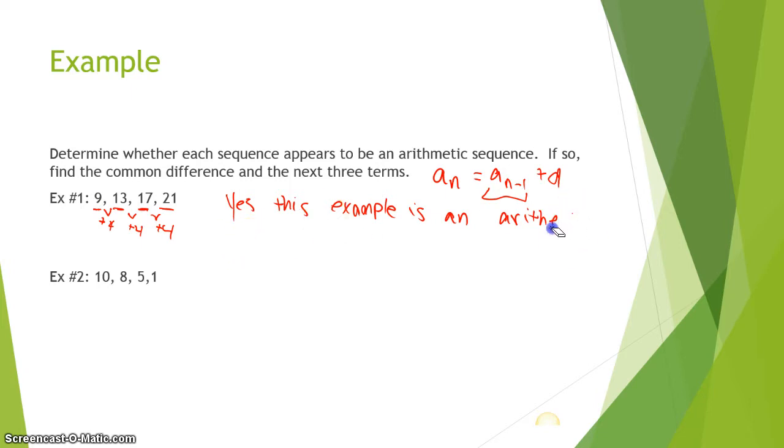Sorry, I spelled that wrong. And the pattern that's taking place is adding 4.